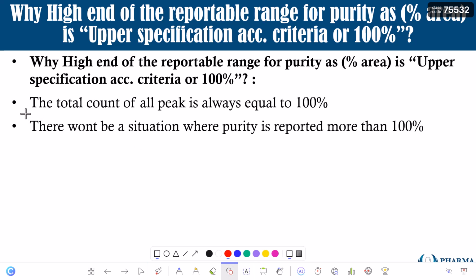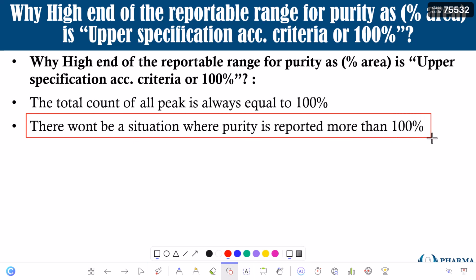Can there be a situation where you will report the purity more than 100%, provided you are calculating the purity on a percent area basis? Absolutely not, because the purity is calculated by a formula with relative terms.